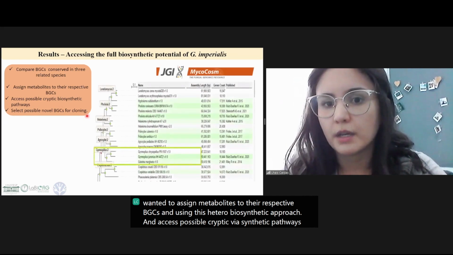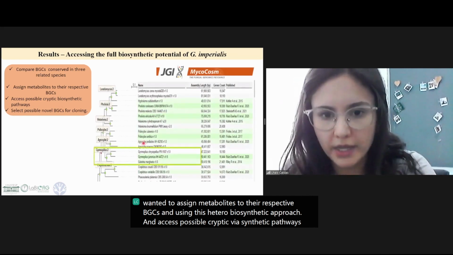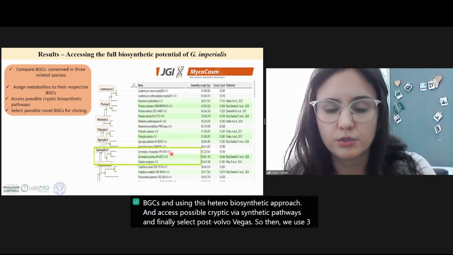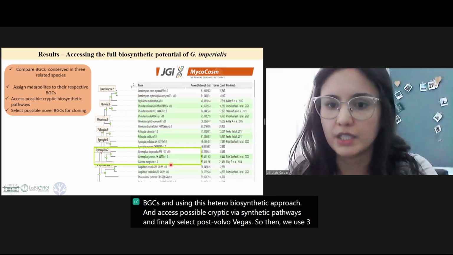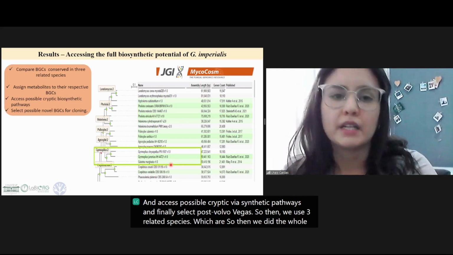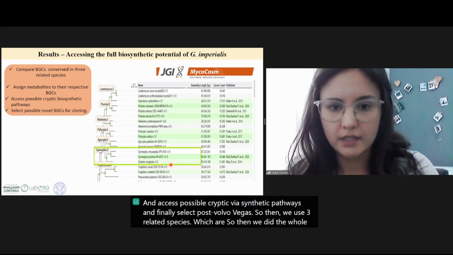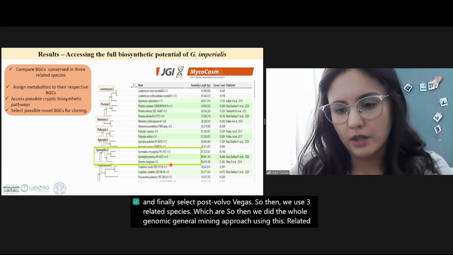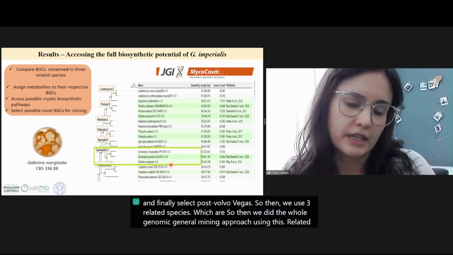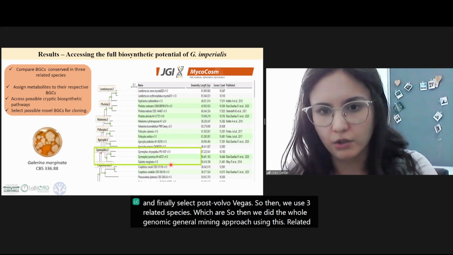So then we used 3 related species, which are Geminopilus chrysophilus, Geminopilus genonius, and Galerina marginata. We did the whole genome mining approach using these related species together with Geminopilus imperialis. And we used Galerina marginata as the template for heterologous expression.